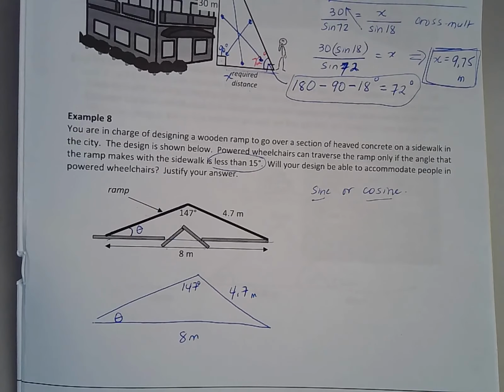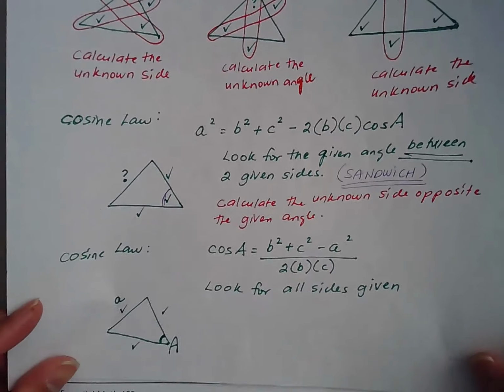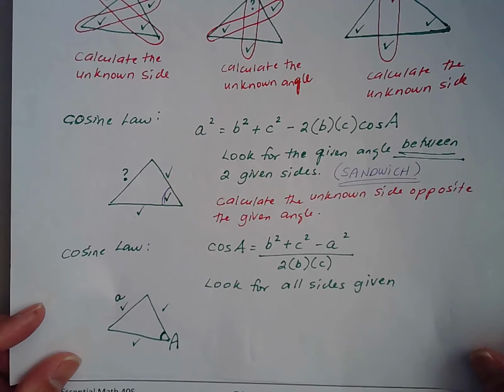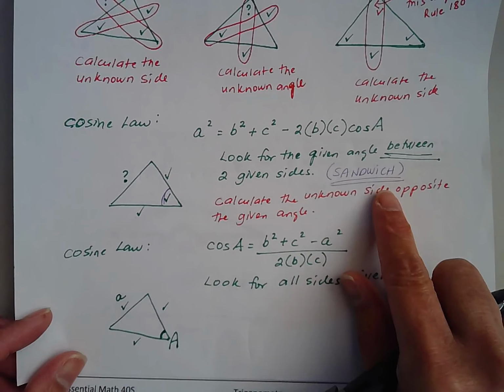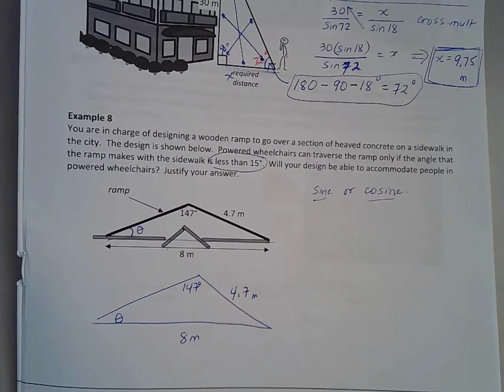Somebody says sine. Can somebody say cosine? Cosine has to have a sandwich. Do we have a sandwich phenomenon here, where the given angle is in between the given sides?